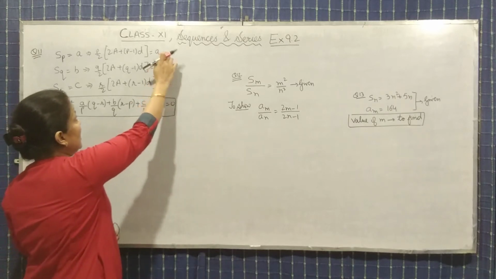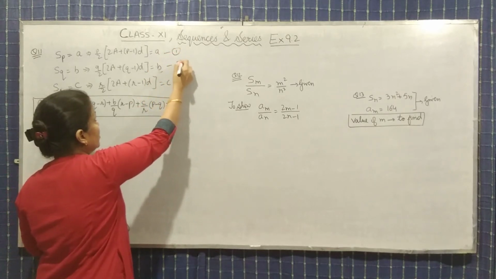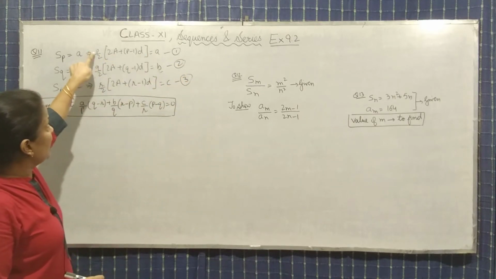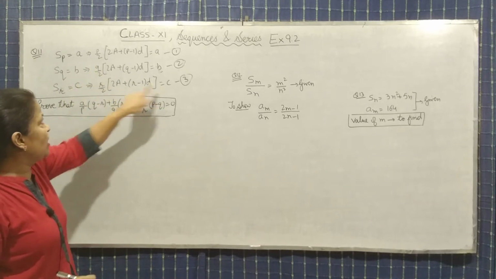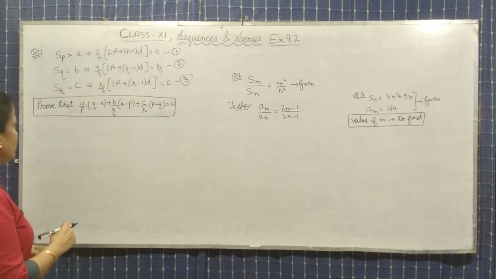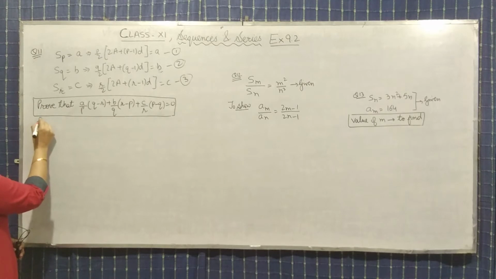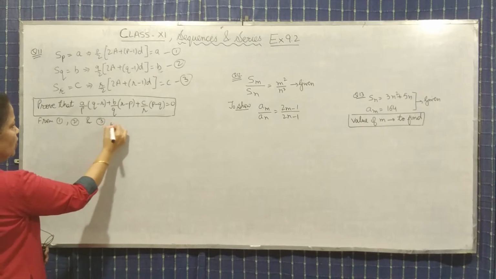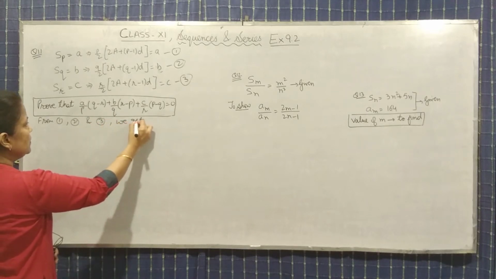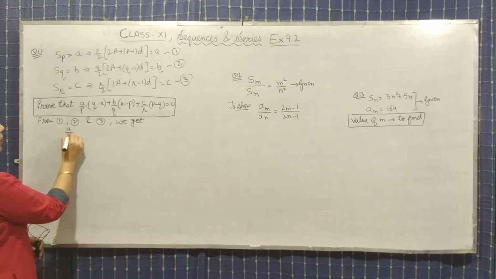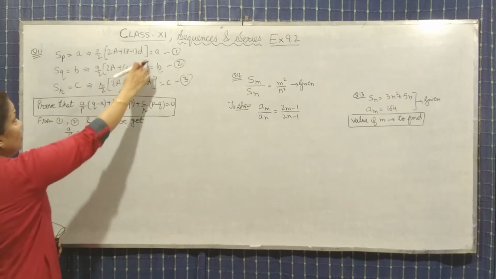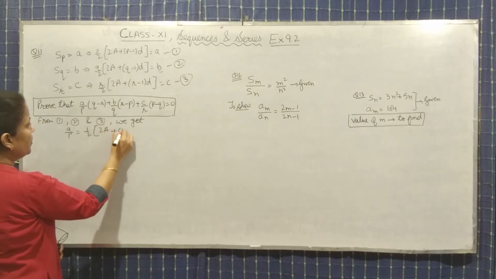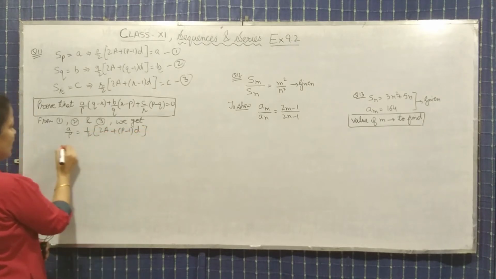So from these three equations, we will try to find A upon p, B upon q, and C upon r, and then we will proceed further. From the first, second, and third, we will get A upon p equals half (2a plus (p minus 1)d).